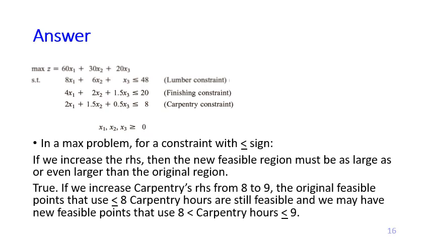The answer is true. Suppose we are increasing the carpentry's right-hand side from 8 to 9. The original feasible points that use less than or equal to 8 carpentry hours are still feasible. And in addition, we may have some new feasible points that use carpentry hours between 8 up to 9 hours, right?